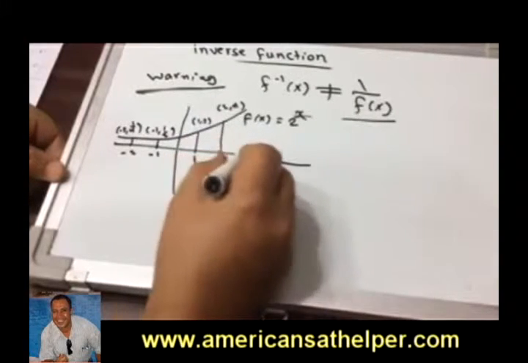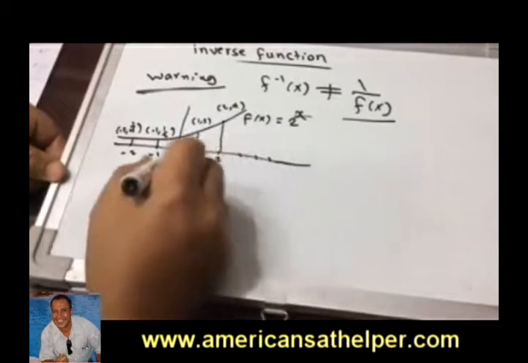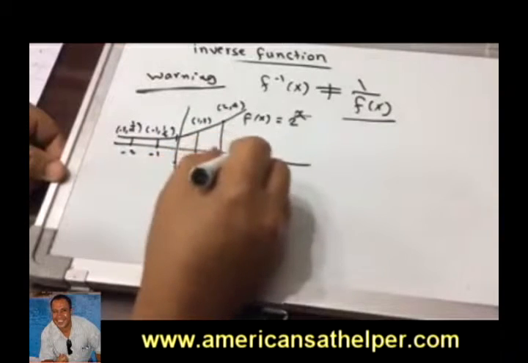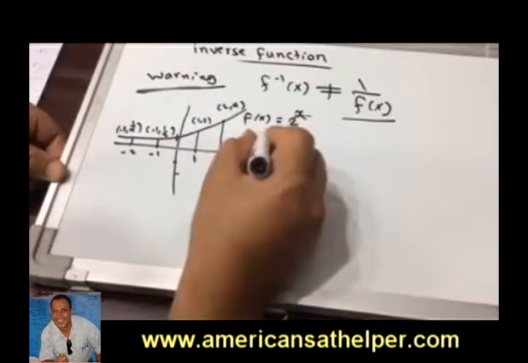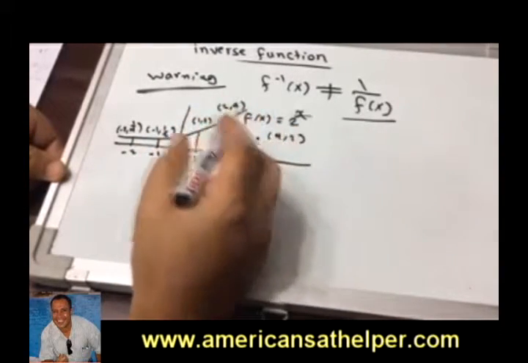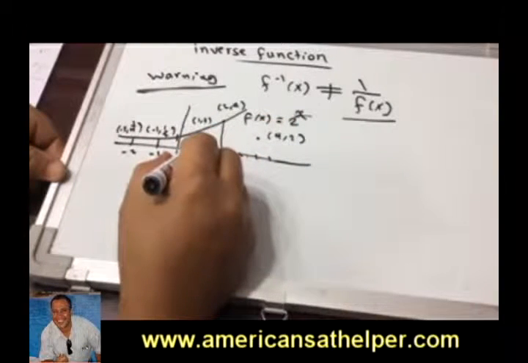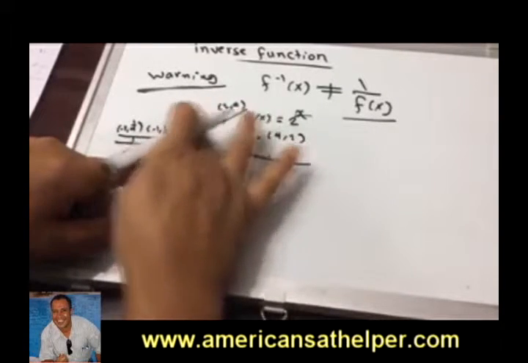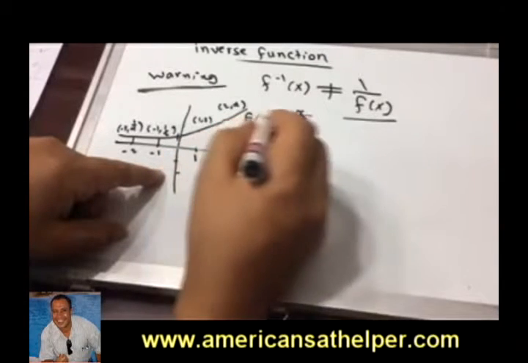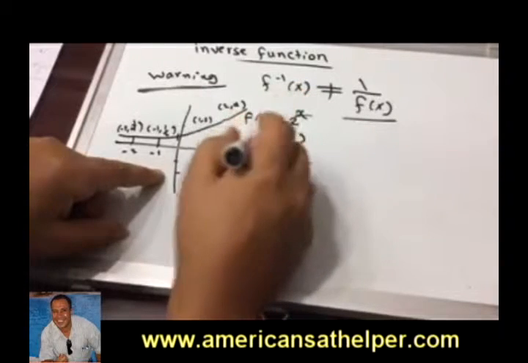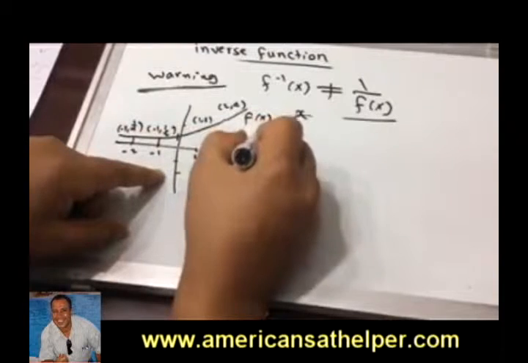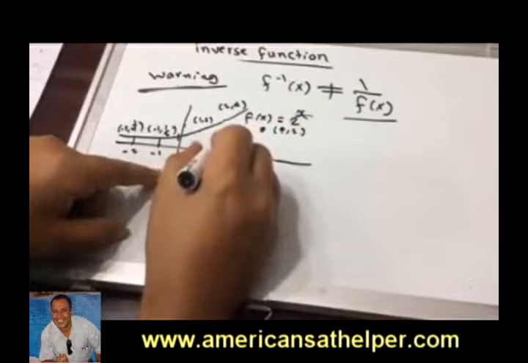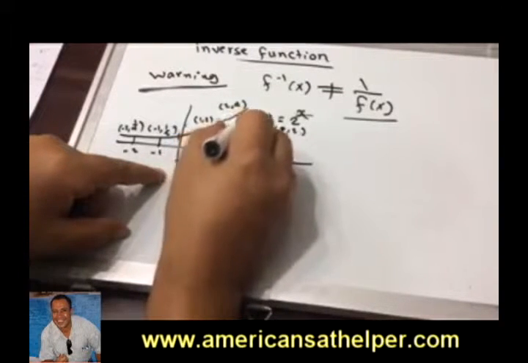The point 2 and 4 will be 4 and 2. The point 1 and 2 will be 2 and 1.